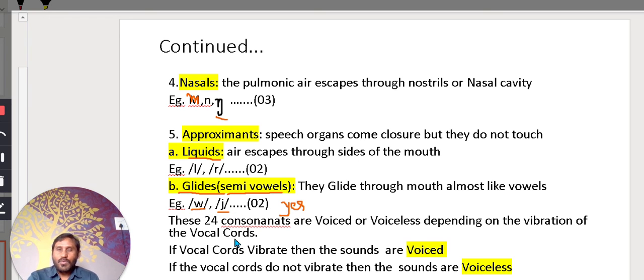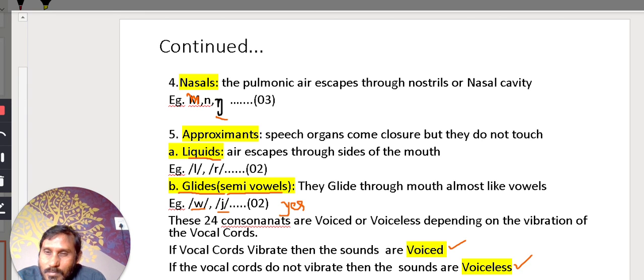So these 24 consonants are either voiced or voiceless, as I already explained to you, depending on the vibration at the vocal cords. If the vocal cords vibrate, then the sounds are called voiced. If the vocal cords do not vibrate, then the sounds are voiceless.